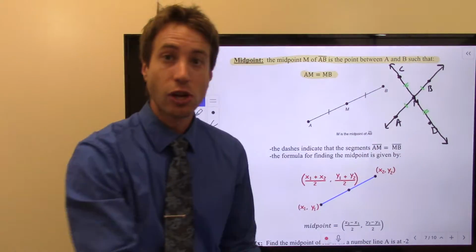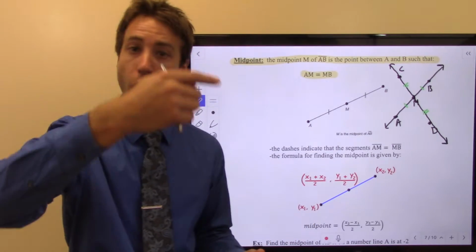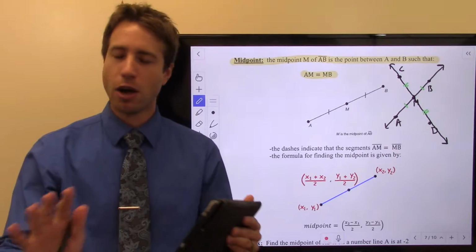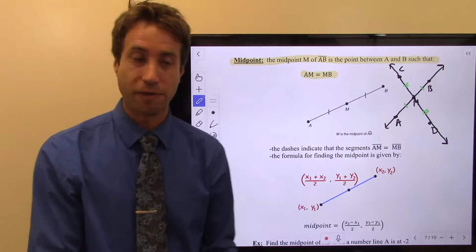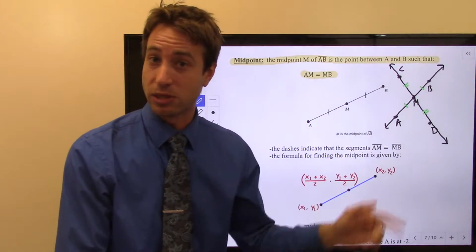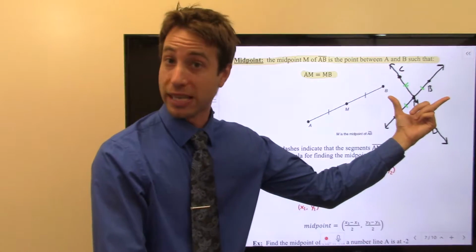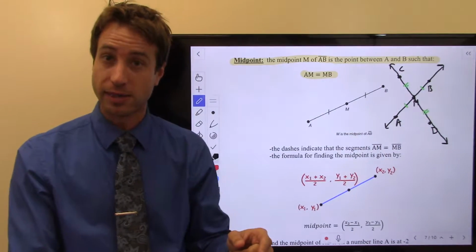These two segments are also equal to each other, but they're not all equal to each other. Hopefully that makes perfect sense, and use as many dashes as you need to describe your figure. If I drew another line in there and did the same thing, with M as the midpoint, I would need to use three dashes to show you that those segments are equal to each other, but not equal to the other segments.